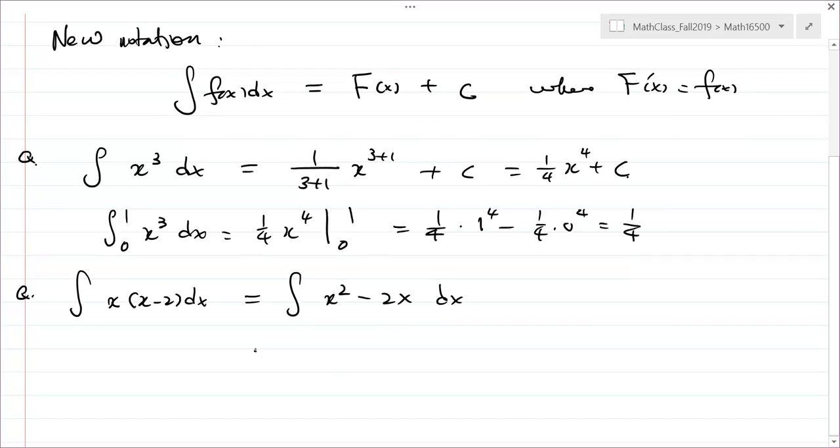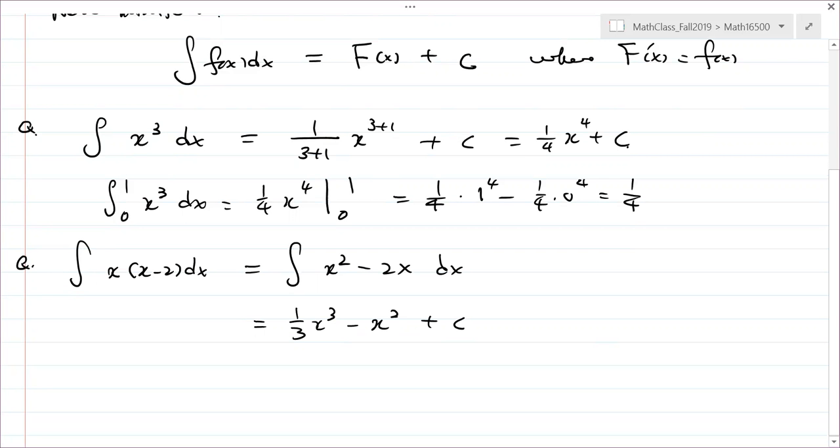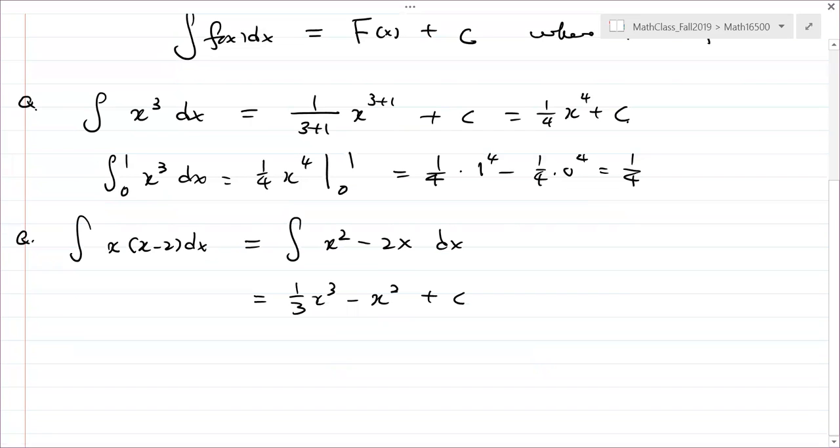Then you find the antiderivative for each of them, plus a constant. The antiderivative of 2x is x squared. Now use that to evaluate the definite integral.